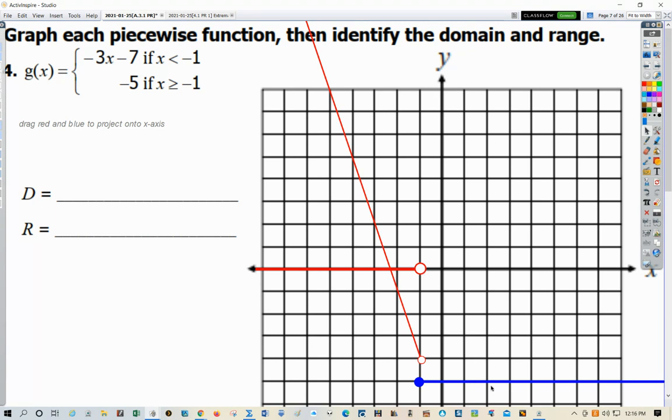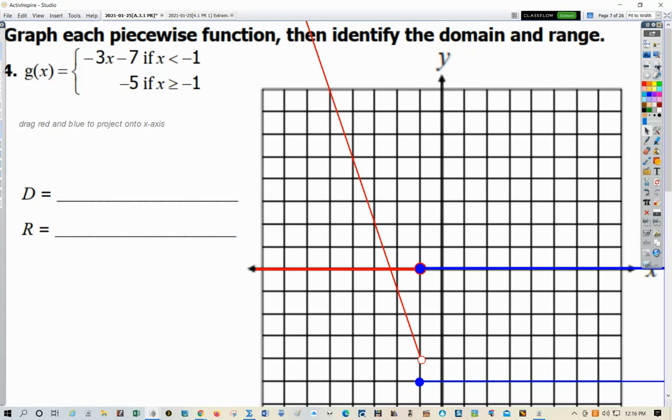Okay, what about the blue piece? Well, if I take the blue piece and I drag that vertically onto the x-axis, aren't I just doing that? Just dragging it vertically up? Everybody see that? So combined, the red and blue pieces, they seem to shade in the entire x-axis, right? Where I used to have an open endpoint for the red piece, the closed endpoint for the blue piece is filling that in.